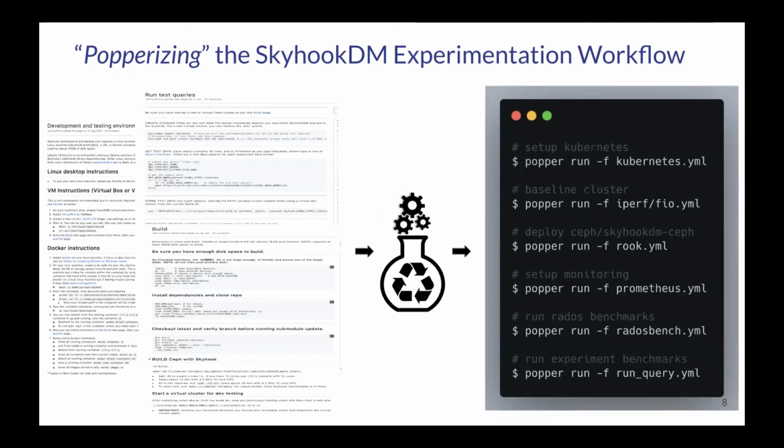We prepared Popper workflow files for each of those granular steps, and basically converted the entirety of the documentation and guides into 6 or 7 popper run commands. Anyone getting started would just clone our repository and run these commands in order one by one to have an entire SkyhookDM experimentation reproduced in front of themselves, without even knowing the intricate details of it. That would just help in getting started faster.